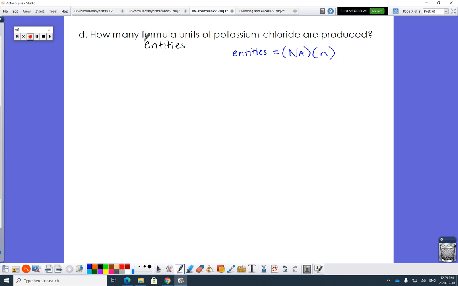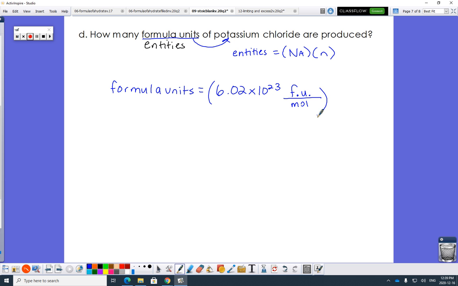And it's formula units because potassium chloride is an ionic compound. So again, that is very specific to your textbook. So if you are a Khan Academy watcher or whatever, they might not use that term. I'm going to be funny. Okay, so there is 6.02 times 10 to the 23 formula units in 1 mole.